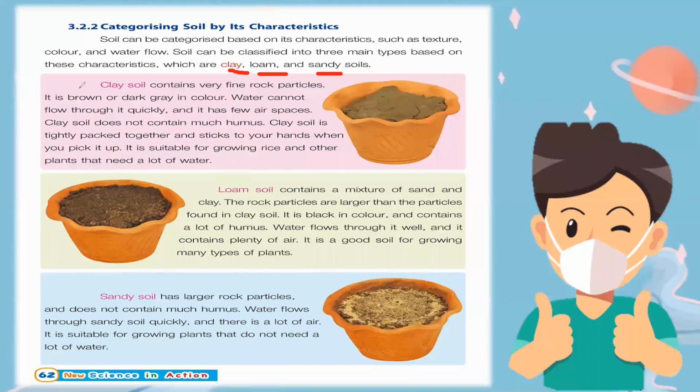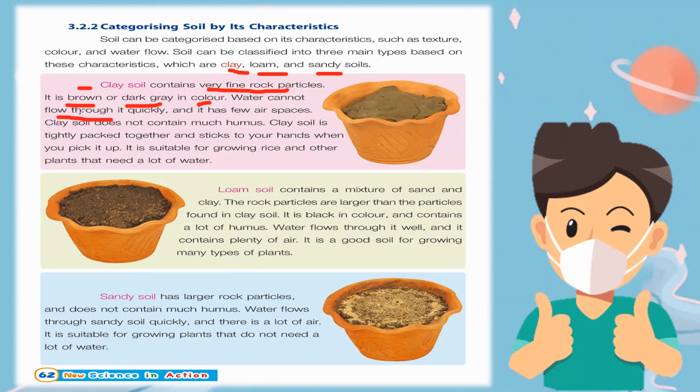So number one, clay soil. Clay soil contains very fine rock particles, and it is brown and dark gray in color.